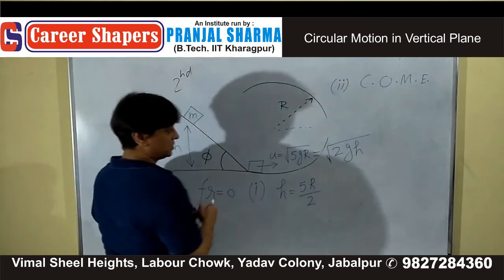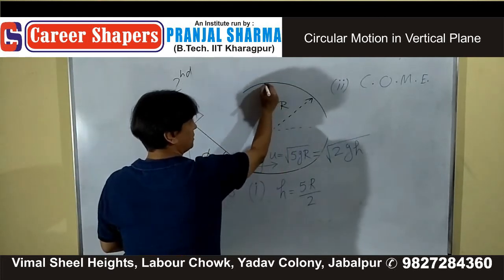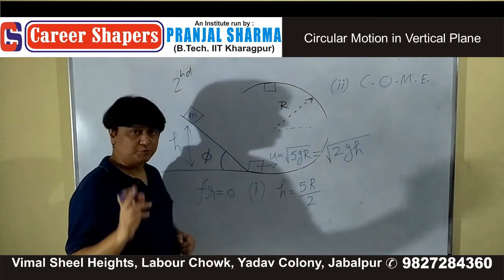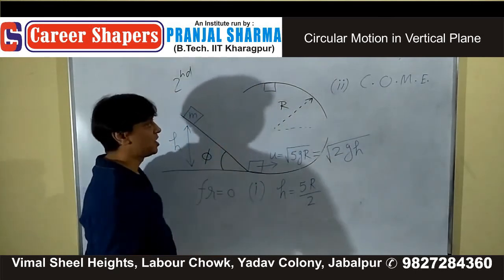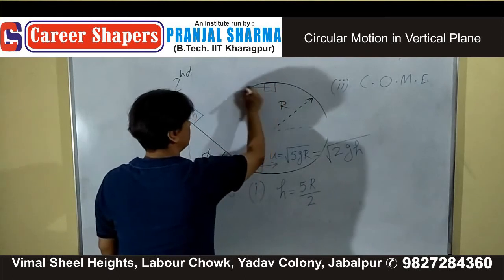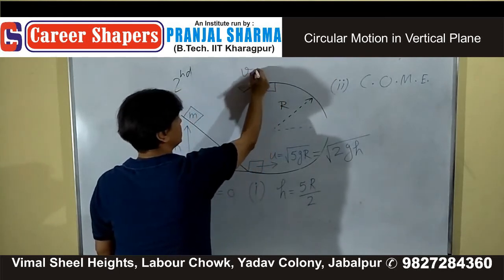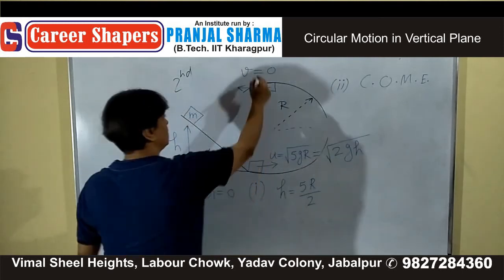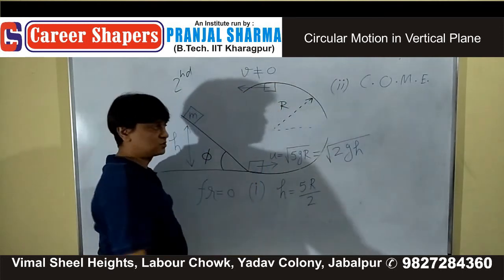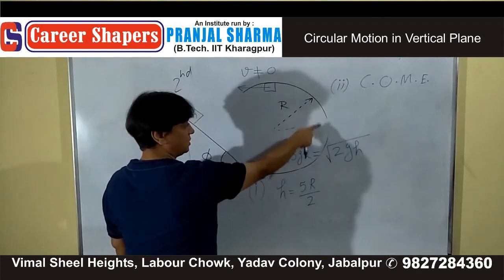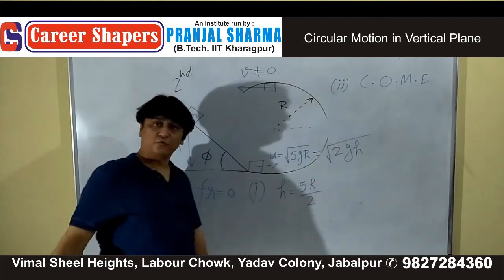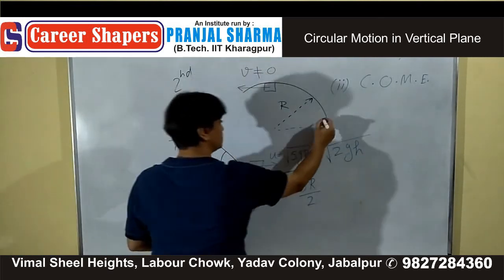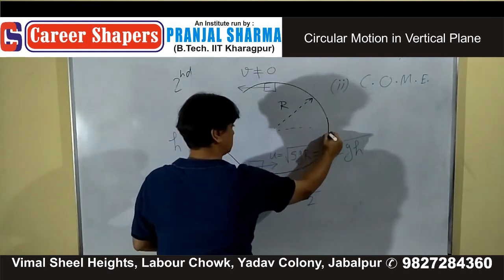When this object is at the highest point, the first mistake which people make when they apply COME at the highest point is they consider V as 0. But you know that once an object has crossed the 1/4 mark, there is no way velocity can become 0. It's not possible.